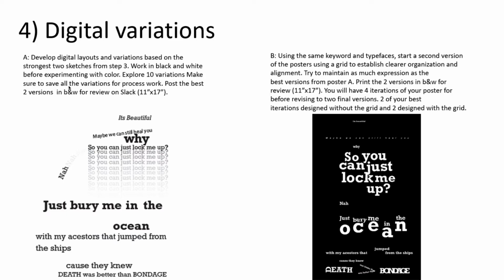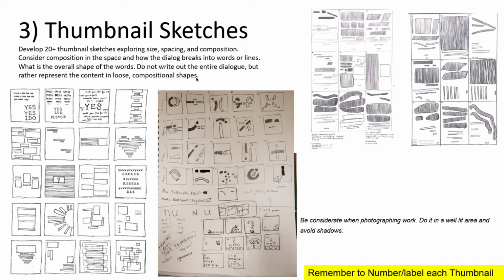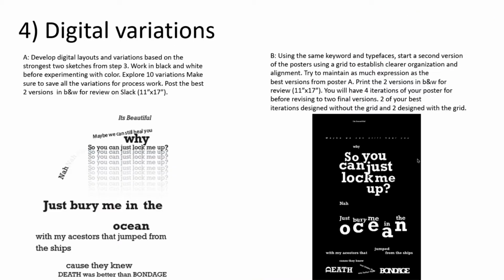Make sure to save all variations for process work, and post the 2 versions in black and white for review on Slack. So make sure you're only working in black and white and that you're using the best composition from process 3. And then you're going to explore 10 variations of that one.